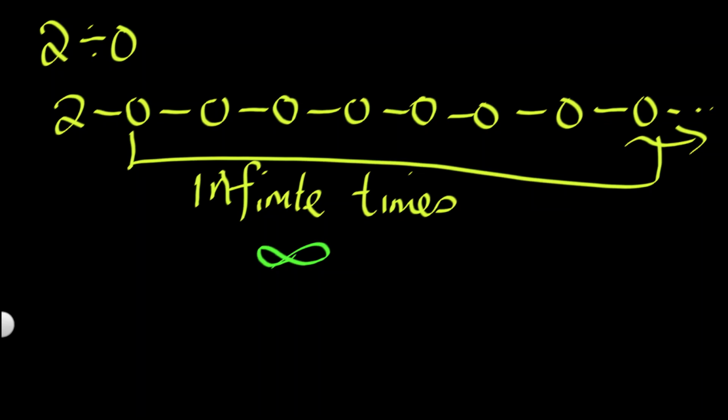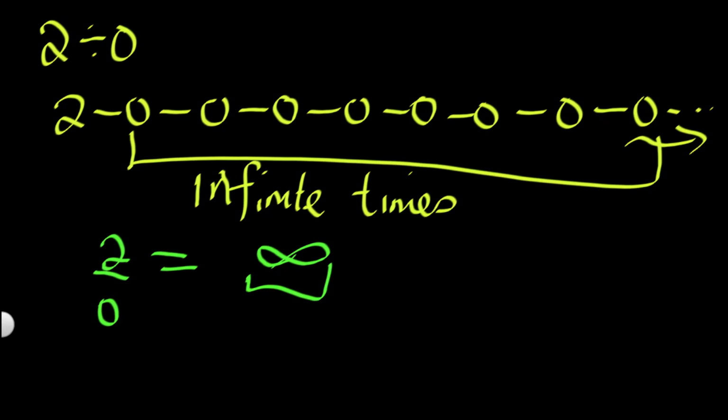It's not 1 million, it's not 1 billion, it's not 1 trillion, it's not one quadrillion. It's not a number. So you can't say 2 divided by 0 is equal to infinity. You cannot say that, because this infinity is not a number that you can definitely say, now I have infinity. I'm stopping here, I have infinity.